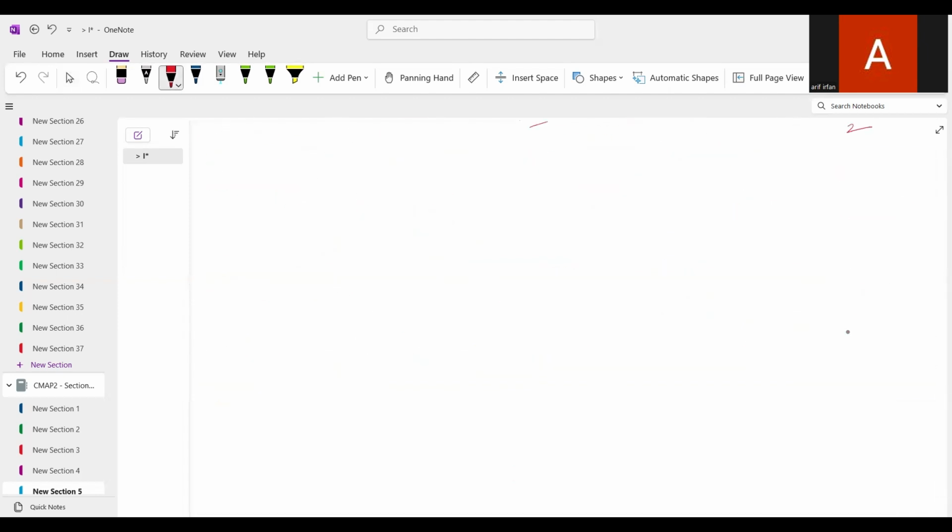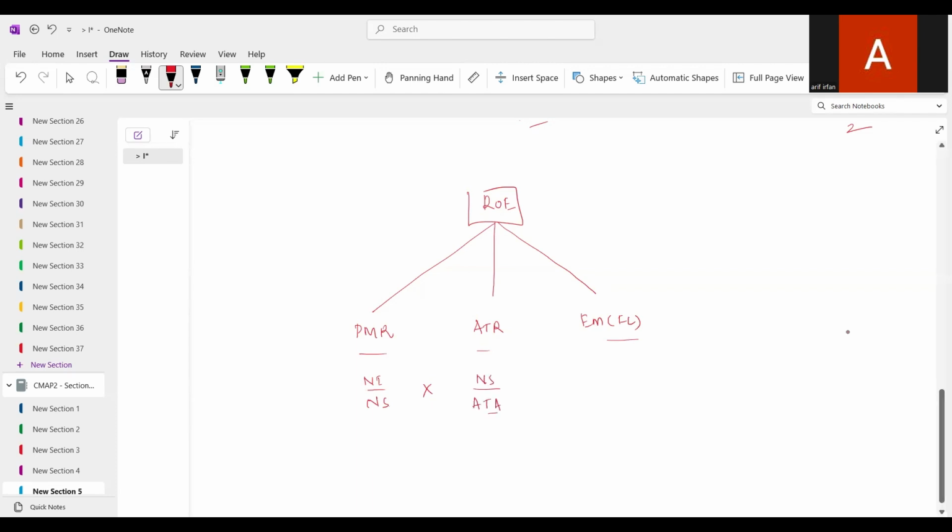So finally, in the DuPont analysis, return on equity is a combination of 3 things overall. One is the profit margin ratio, another is the asset turnover ratio, another is the equity multiplier or financial leverage. Here, net income by net sales will multiply with the asset turnover ratio, where we calculate net sales by average total assets instead of total assets.